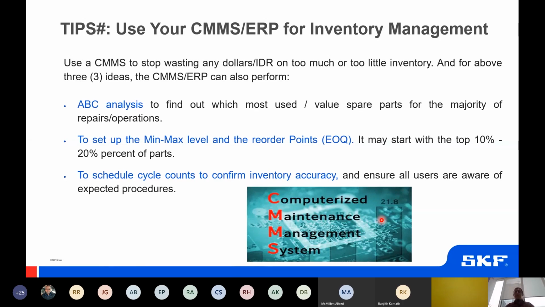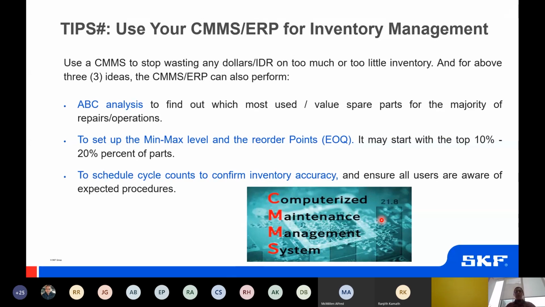Okay, so it may start with the top 10% or 20% of the parts. I remember, like in SAP, they have what they call the spare part planning feature, where the feature can help the organization automatically set up the stocking profile by demand.